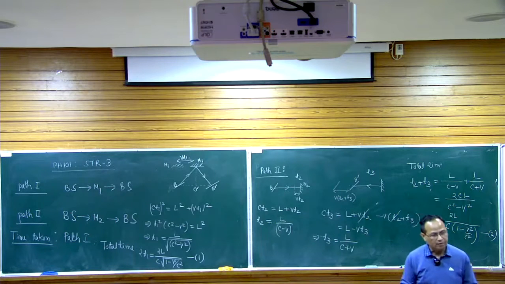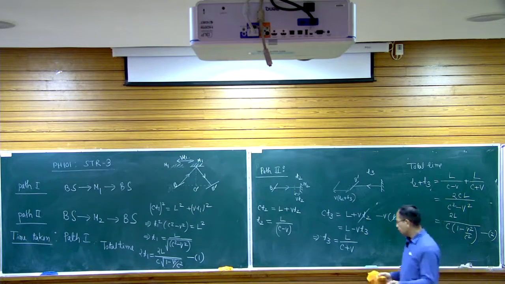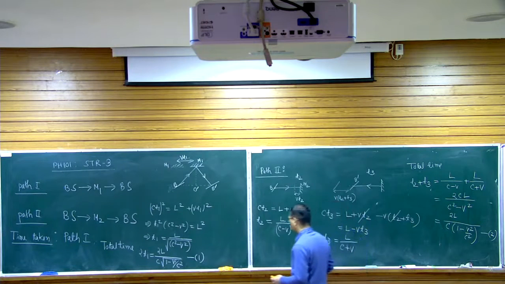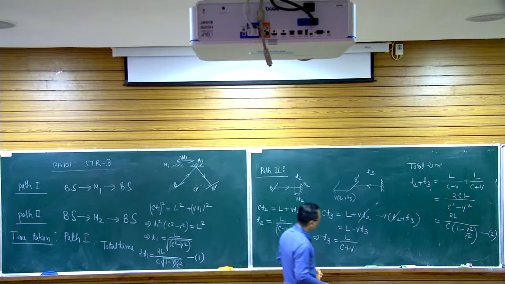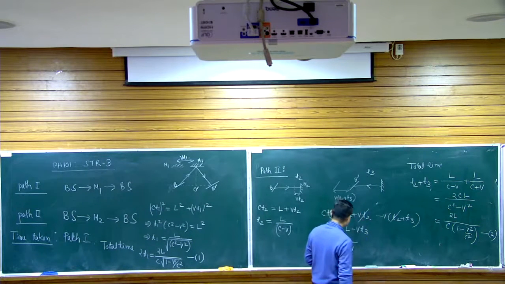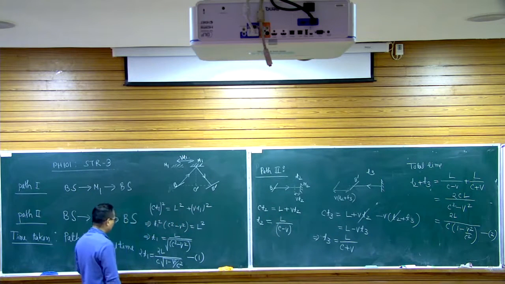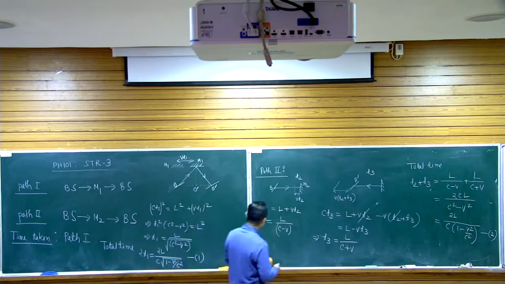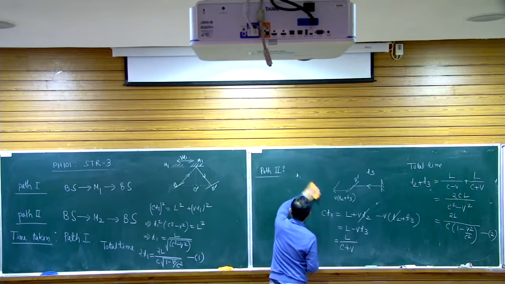So if the ether frame exists, then one can make the measurement from the ether frame and find the total time taken along path 1 and path 2 in the Michelson setup, and you will see that the time taken along path 1 and along path 2 are different. And how different will it be? Let us consider what the difference is.